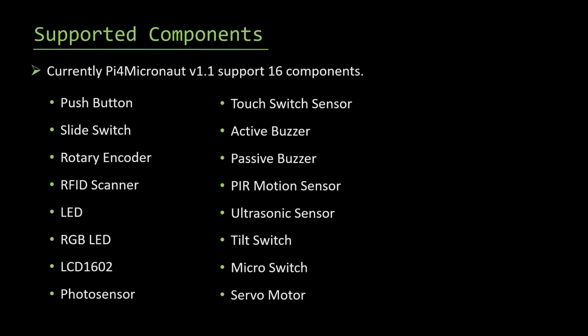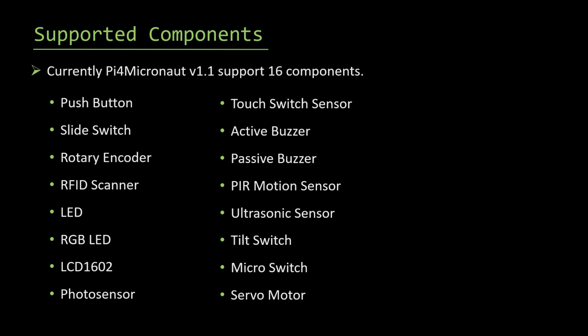And you can see the Pi4Micronaut version 1.1 supports 16 components, and this is the latest version. These include push buttons, light switch, rotary encoder, RFID scanner, LED, RGB LED, LCD 1602, photo sensor, which is nothing but a light sensor, touch switch sensor, active buzzer, passive buzzer, PIR motion detection sensor, and ultrasonic sensor.